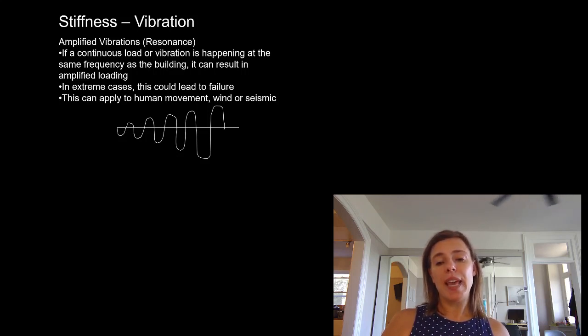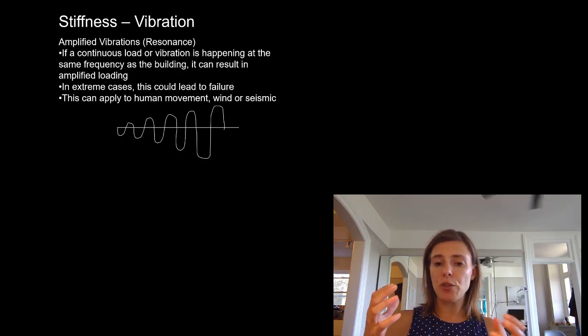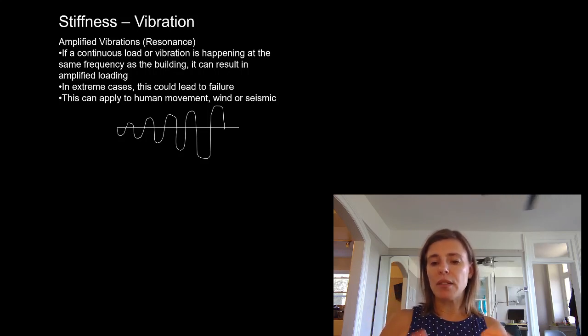We can have amplification, and you can look at some videos that I'm going to show you about amplification, or a bridge collapse. This is sometimes called resonance as well. What this is saying is that everything has a natural frequency. An object or a structure will also have a natural frequency.